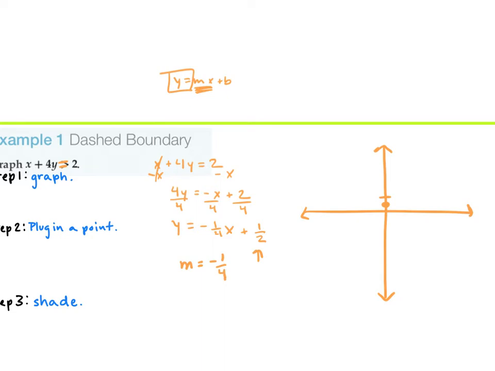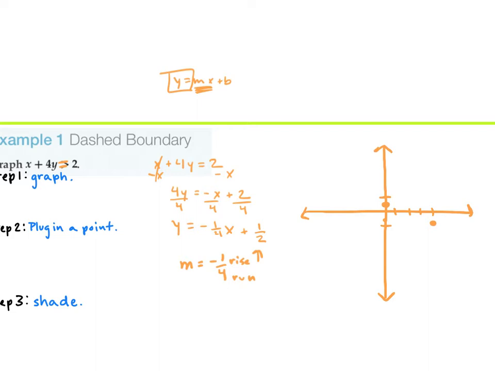So that means we're going to go down 1 and to the right 4. So remember, we have rise over run. But since our 1 is negative, we're going to go down 1. So we're going to go down to negative 1/2, and then we're going to go to the right 4. So we'll have a point there.